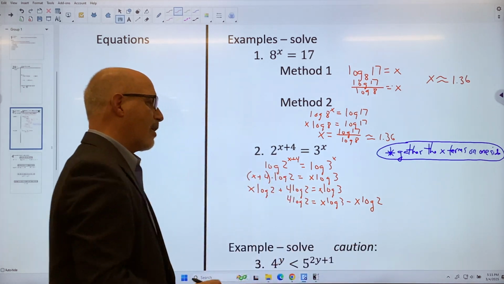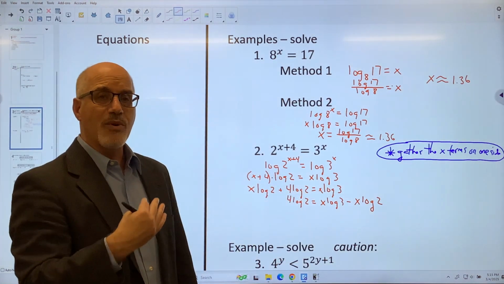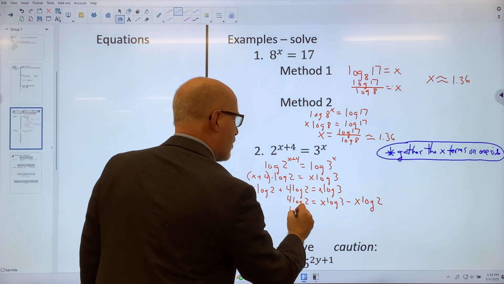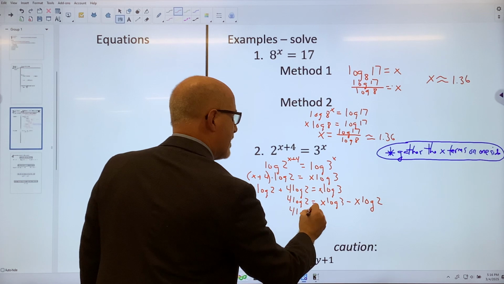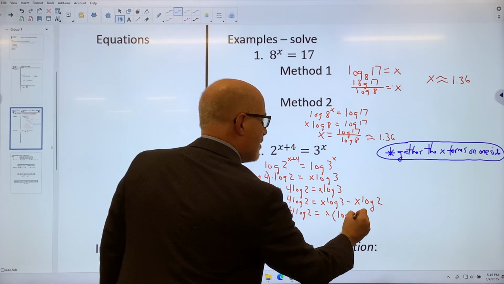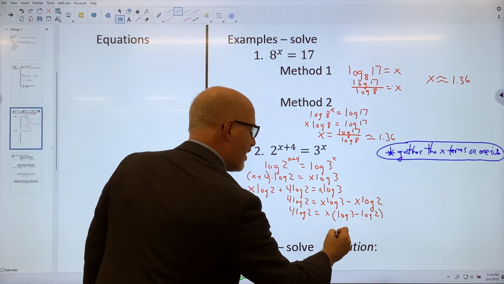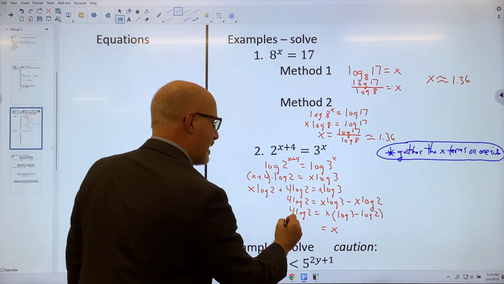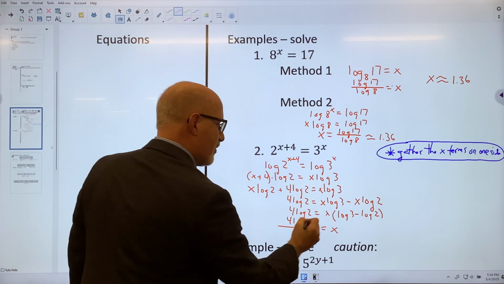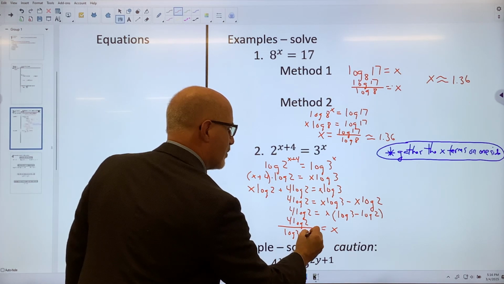All right, now that we've gathered the x's together, I can factor out an x. That was why we gathered them on the same side. So you have 4 log of 2 is equal to x times log of 3 minus log of 2. And now to get x by itself, I'm going to divide both sides by this long expression, log of 3 minus log of 2.